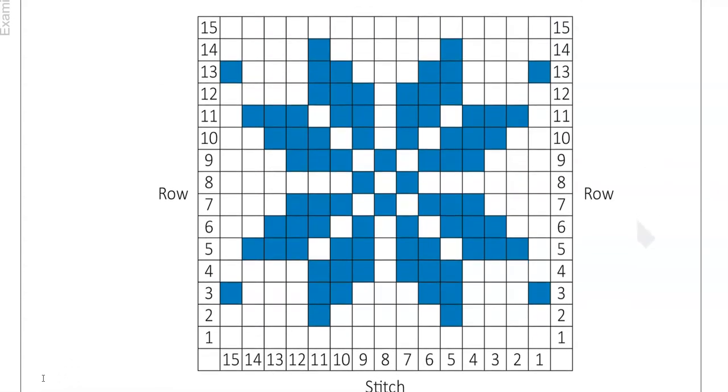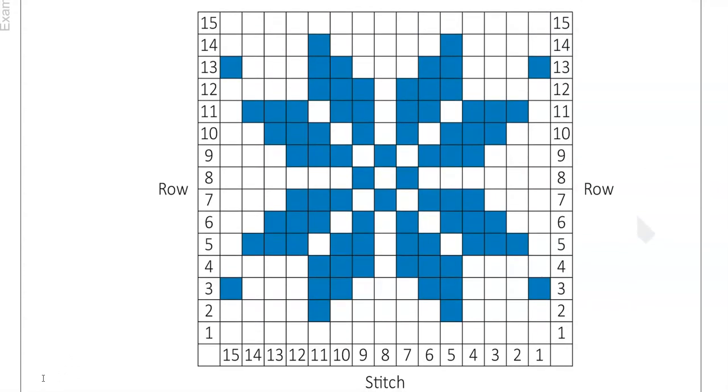So we need to give this 4 lines of symmetry. So if we imagine a line of symmetry here, do both sides reflect what is missing?